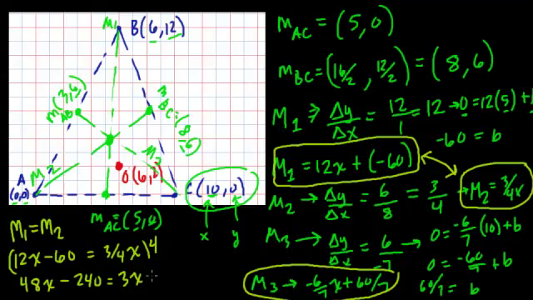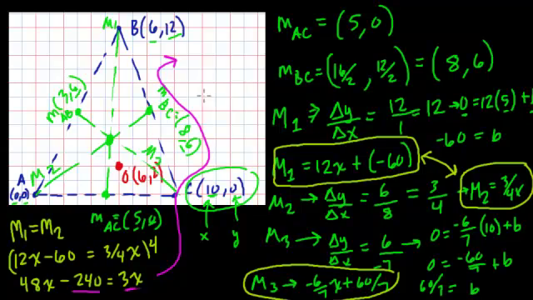And now it's just simple manipulation of this problem, but I'm running out of room. So let me just use this space up here. Okay, so what do we do? I'm going to add 240 to both sides, and I get 48x equals, well, since I'm running out of room, sorry, I'll do this in one step. I'll subtract 3x from both sides and add 240 to both sides.